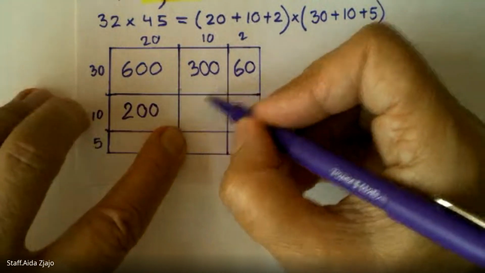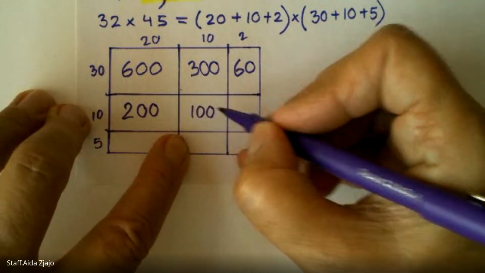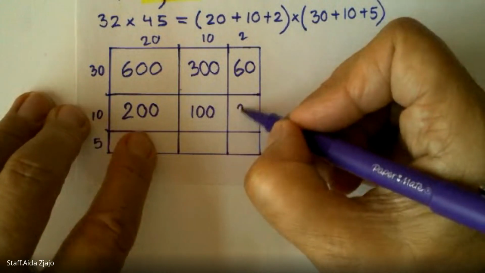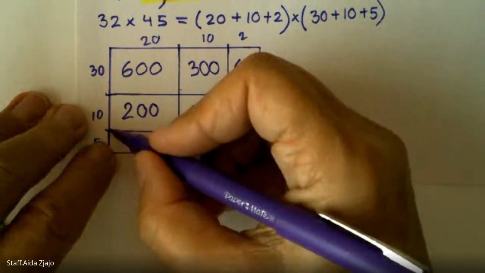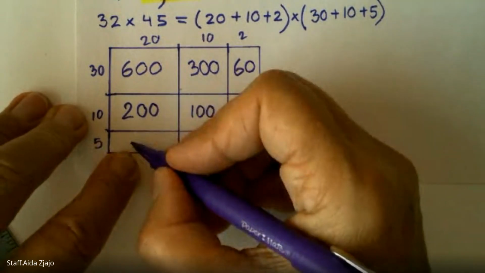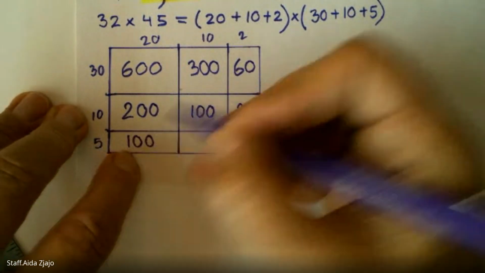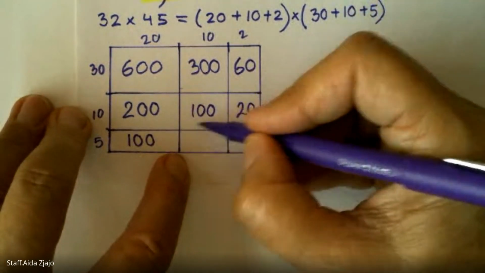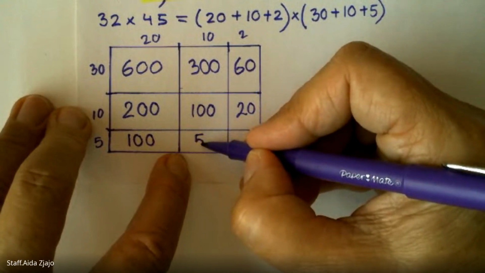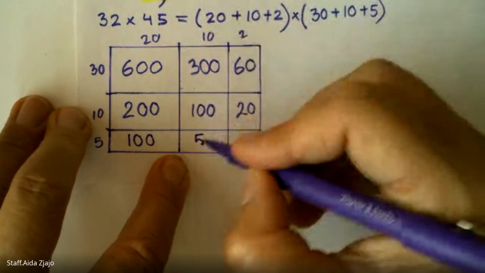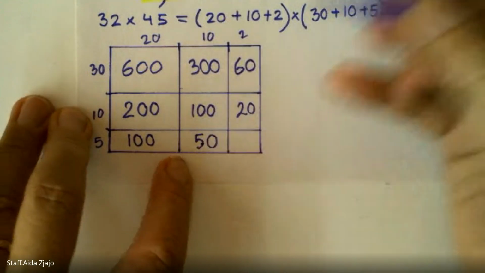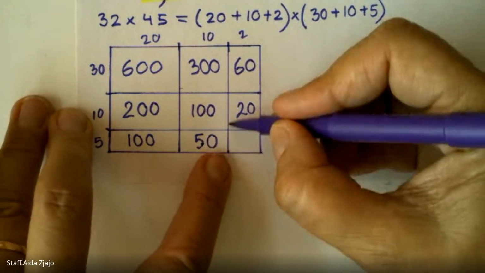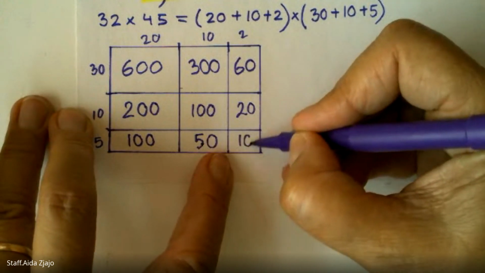Okay, 10 times 10 is 100, and 10 times 2 is 20. 5 times 20, 5 times 2 is 10, and add 1 more 0, so that's 100. And then 5 times 10 is 50. And then 5 times 2 is 10.